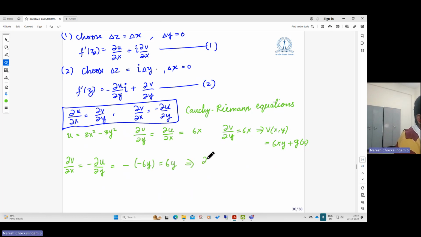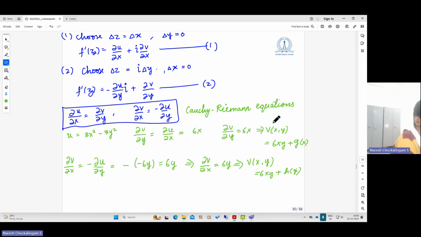And this means that partial v with respect to x is 6y, and integrate once with respect to x, we get v of x comma y is 6xy plus, the integration is with respect to x, so the integration constant can be a function of y.